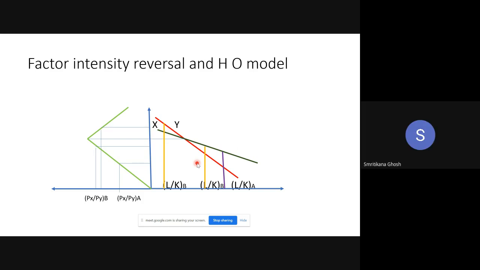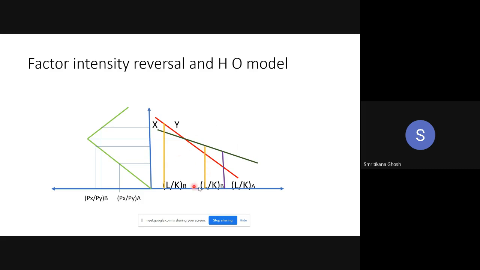Now, this is the easiest situation. Now we are going to a little bit difficult situation. If L by KB is to the other side of the reversal point, that means now it is not here.